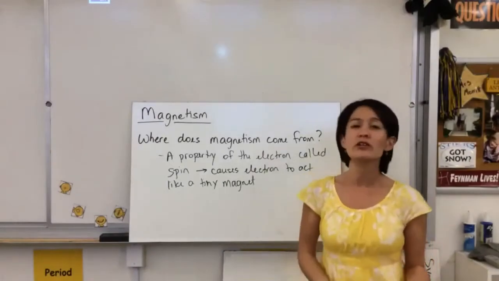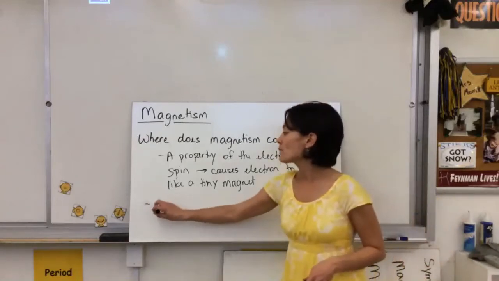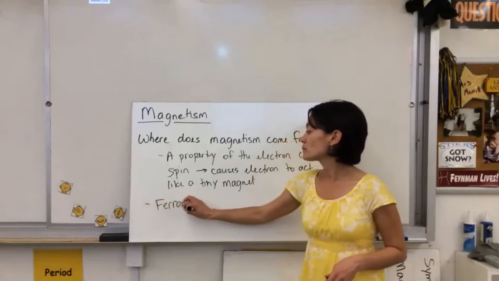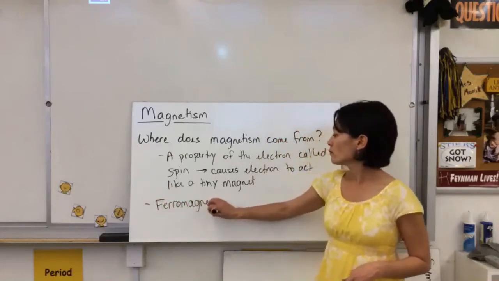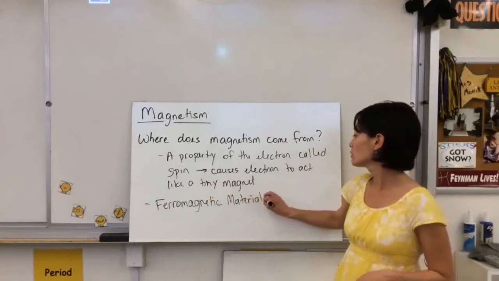Now there are certain materials that tend to be what we call the ferromagnetic materials. And ferromagnetic materials, they are iron, cobalt, and nickel.